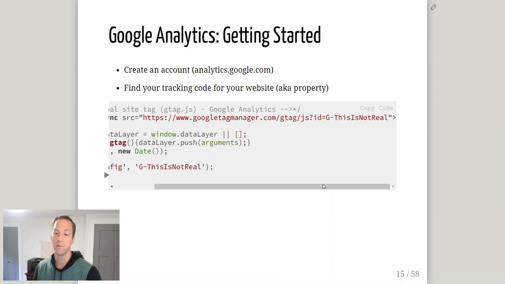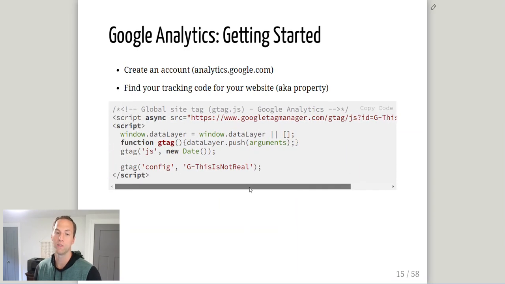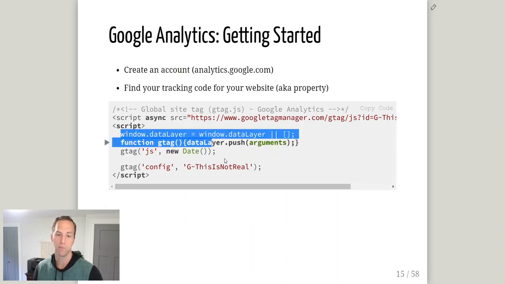But that's going to be your unique tracking ID for your site. So this is going to kick off anytime the site is opened, and that's why they use this keyword here, async, because they don't want to slow down the startup process of your website. Secondly, there's a script that basically is going to record the date and time whenever the app is opened. So that's what this second script does right here.